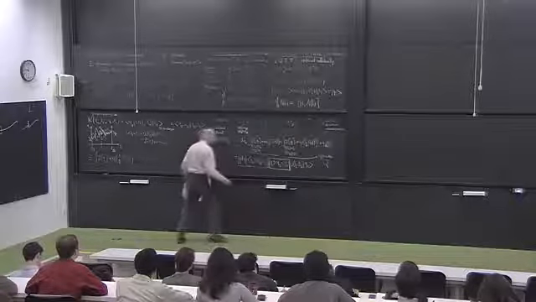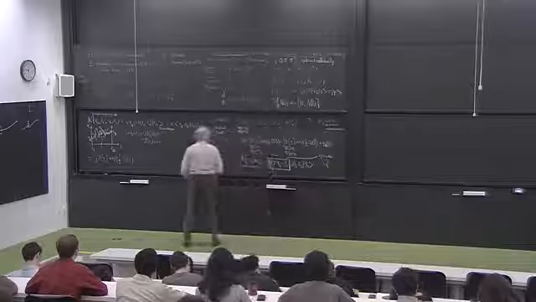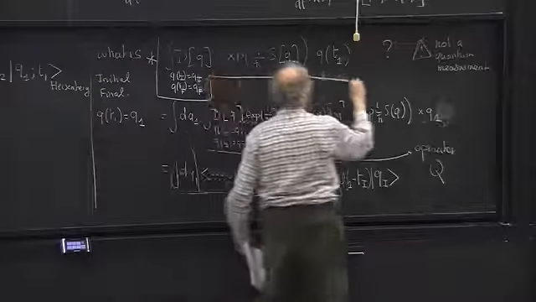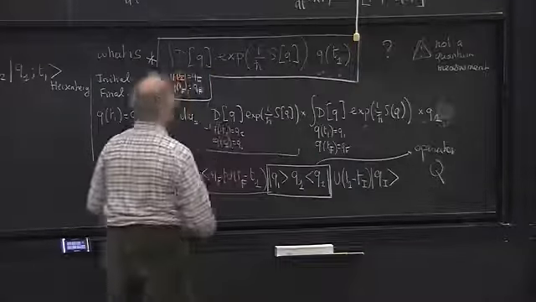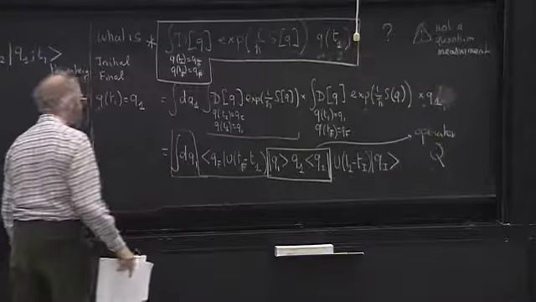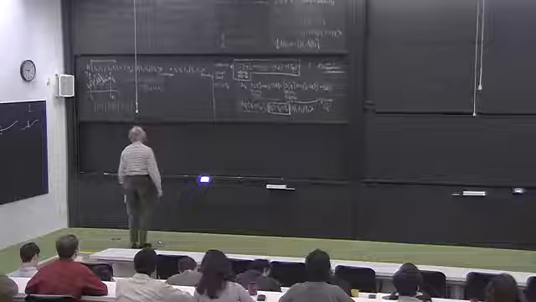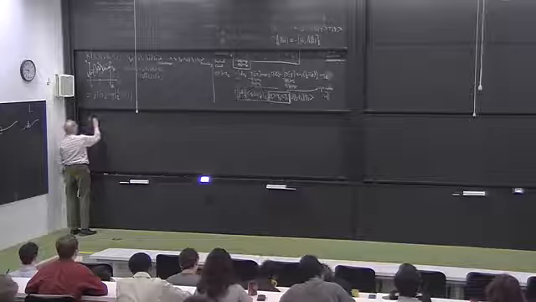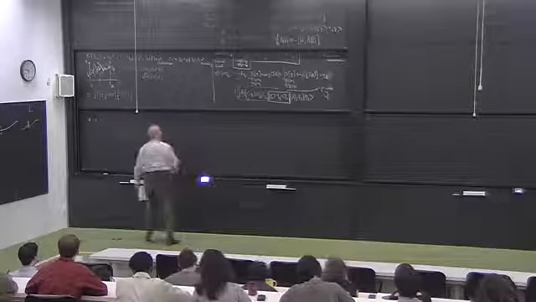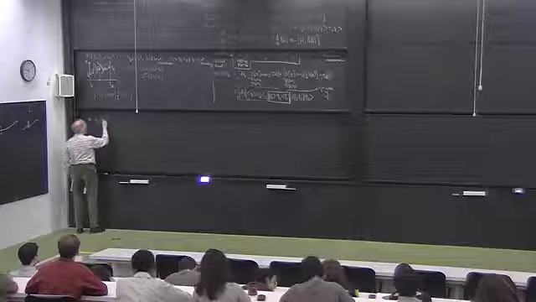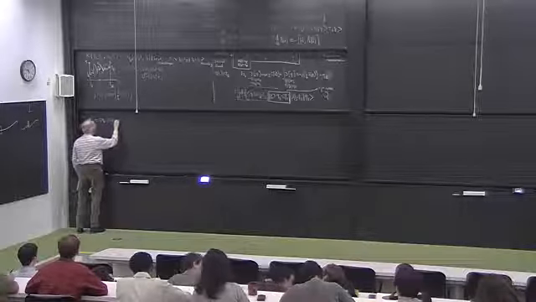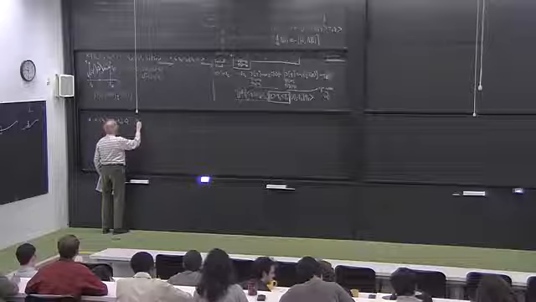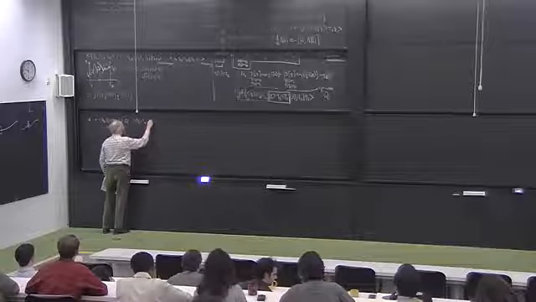So this object here is nothing but QF, U of TF minus T1, the operator Q times the evolution operator of T1 minus T initial, times Q initial.